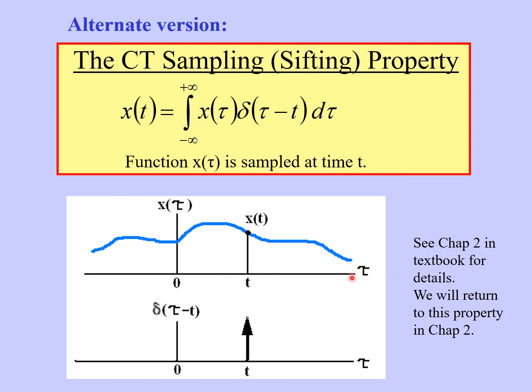Notice now this tau is our time variable, and we're sampling x of tau, which is the blue line. We're sampling it when tau is equal to t, because that's where the delta function is shifted over to. So in this case, it returns the value of x at t, which is again shown by this black dot right here.